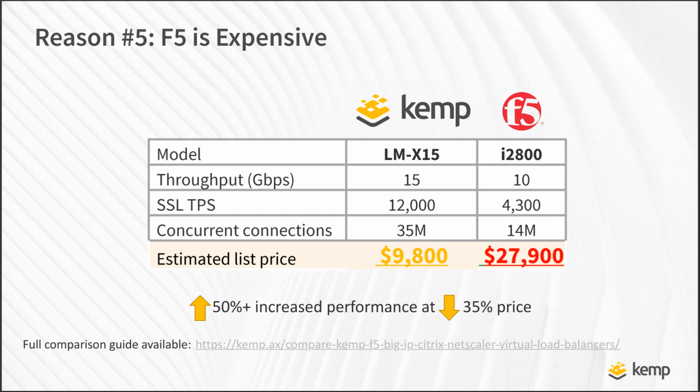On this web link, if you go to the resources, there's a link to a comparison page at the Kemp website, for example, where you can do your own comparisons of prices and performance capabilities of F5 and Kemp load balancers.